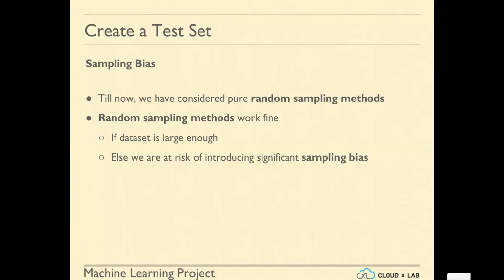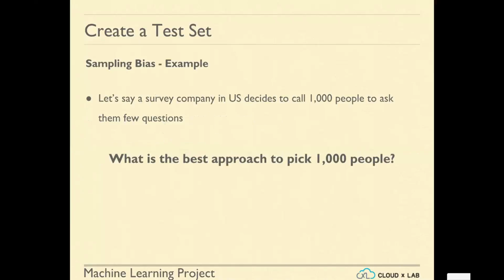Let us say a survey company in the US decides to call 1,000 people to ask them a few questions. What is the approach to pick those 1,000 people? Mostly we cannot pick 1,000 people randomly. Why?